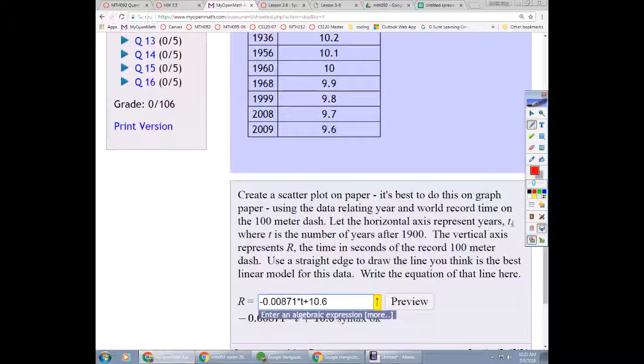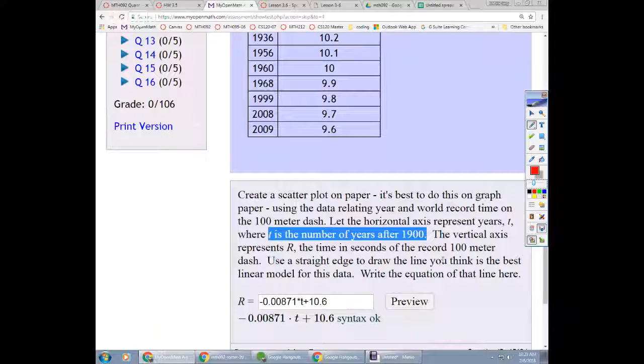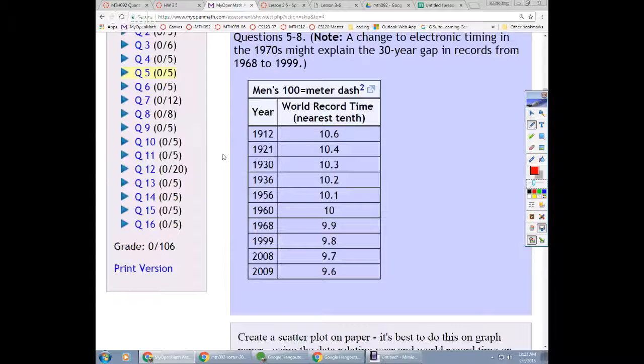So we were told right here that t is the number of years after 1900. So t equals 0 would mean 0 years after 1900, so it would be 1900. So I could add to this table before 1912, I could throw a 1910 and put 10.6 in there. Now it happens to be the same number as this one right here. No big whoop. That's okay.